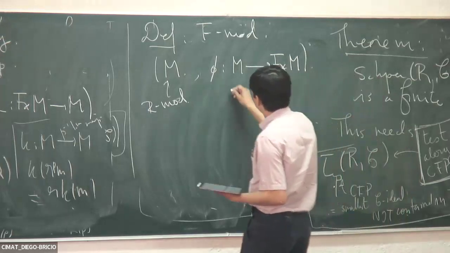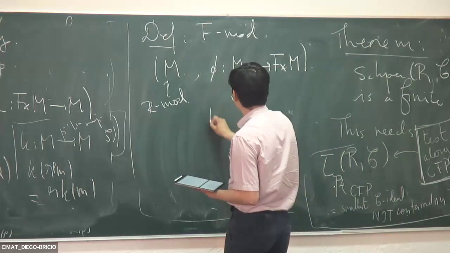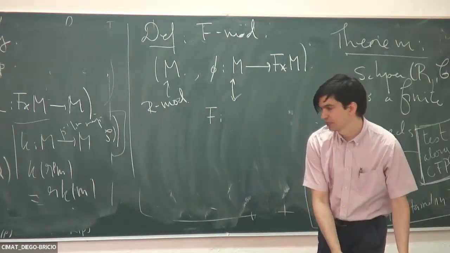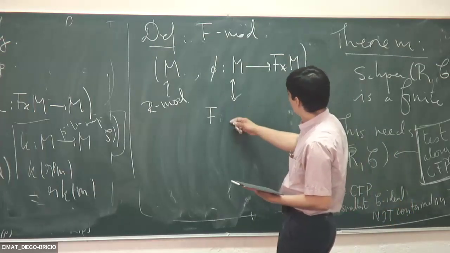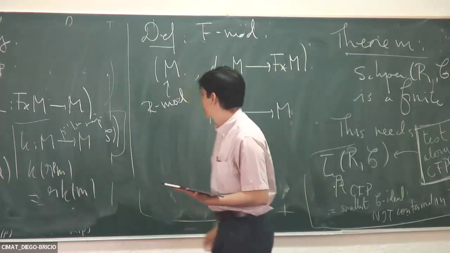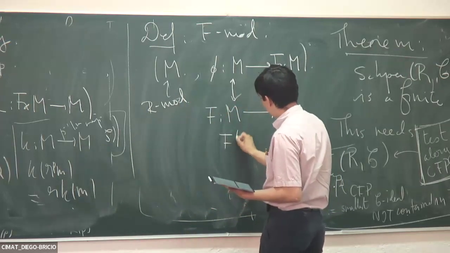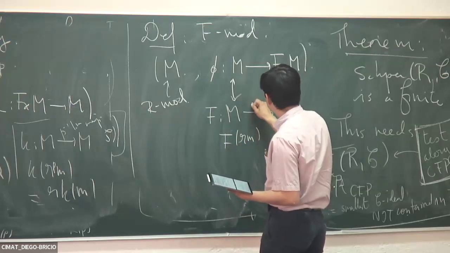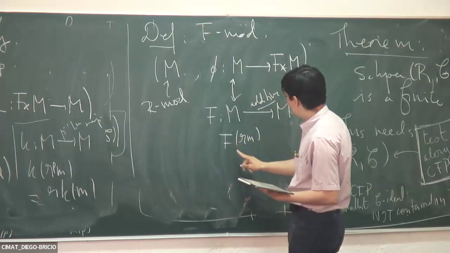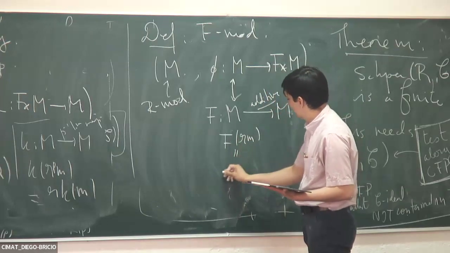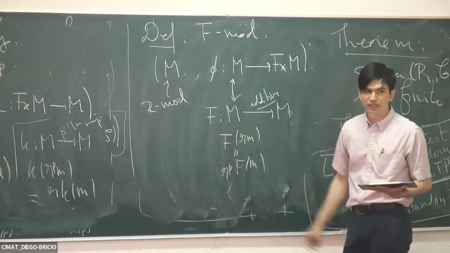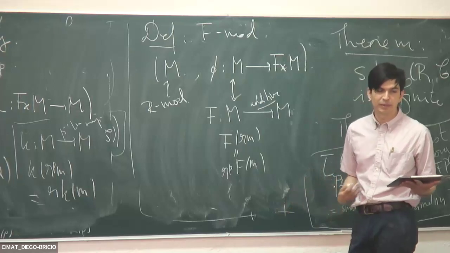However, if you open essentially many books, people are going to denote it as a map from here to here, but instead of being p inverse linear, it's going to be p linear. So it means that it is additive. The additivity is always there, but the R-linear action is different. Here you're going to have r to the p times F of m. People call this a Frobenius action. It's like if M had a Frobenius embedded into it.